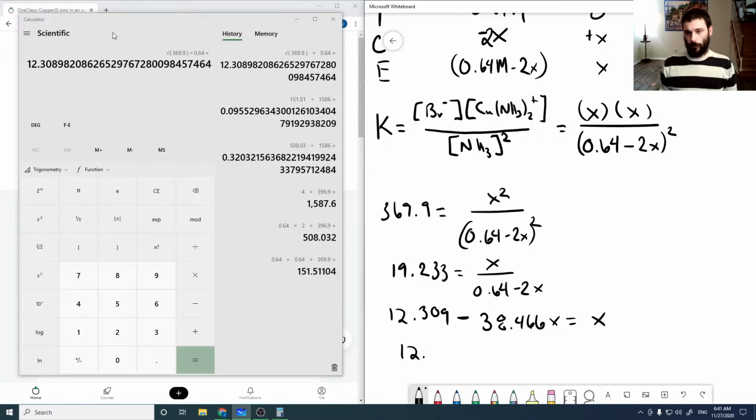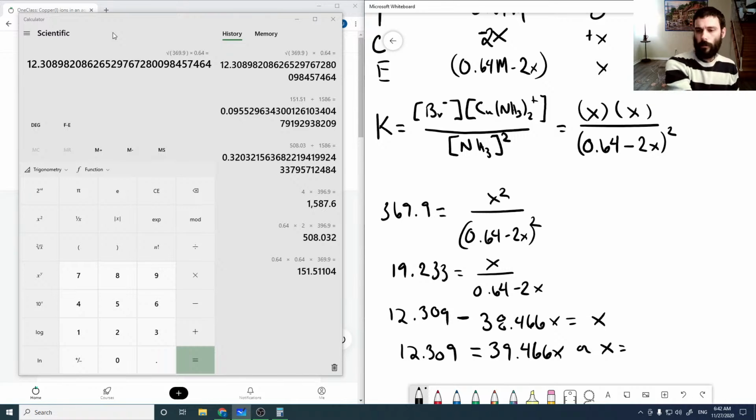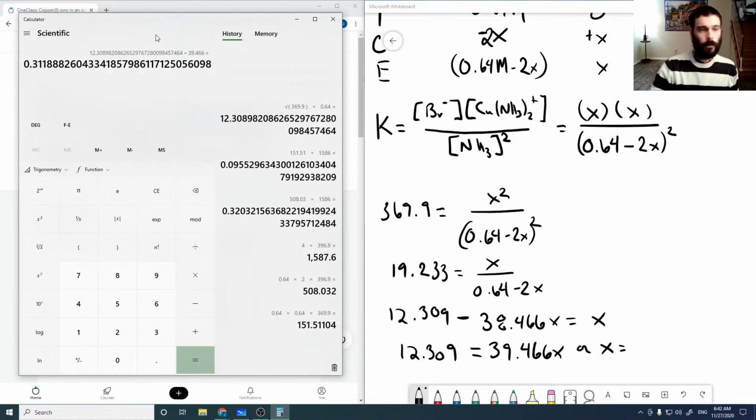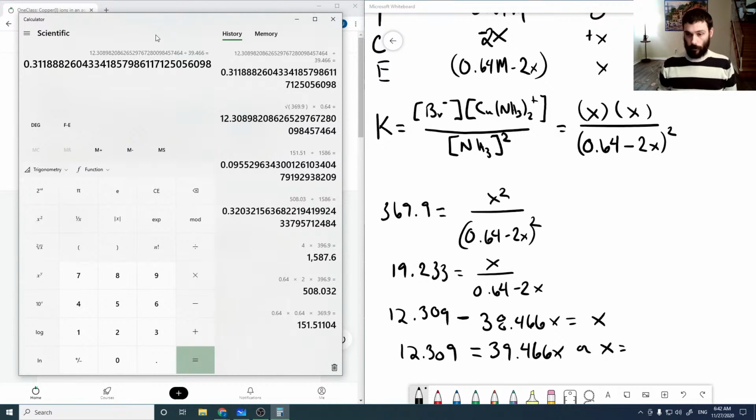So just bringing that up, 12.309 is equal to, bringing this 38 over, 39.466x, or x is equal to this value divided by 39.466, which is 0.312.